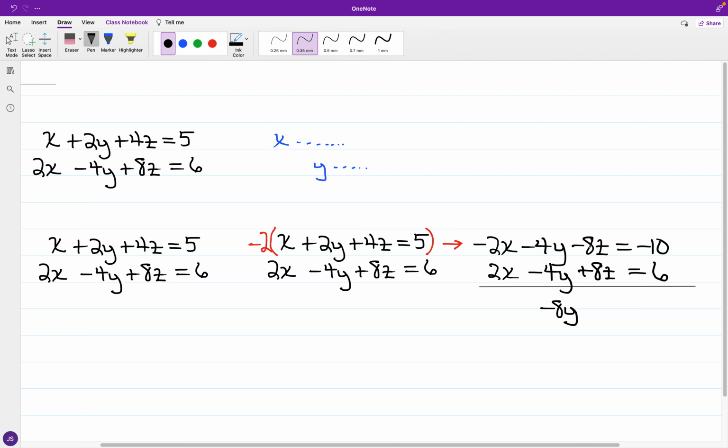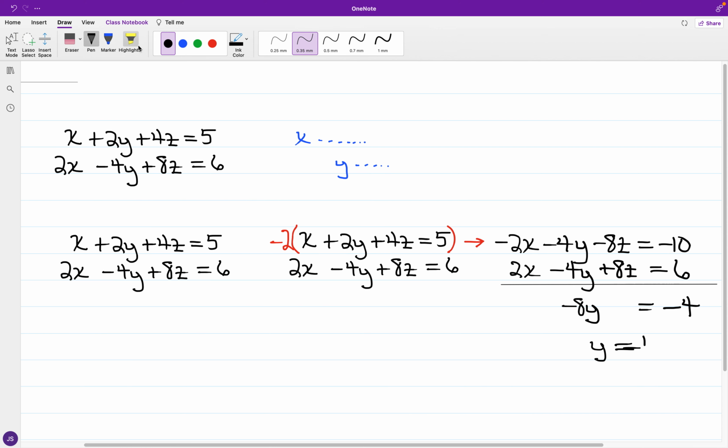Negative 8z plus 8z will cancel out. And for negative 10 plus 6, that is going to be negative 4. And negative 8y is equal to negative 4, so I'm going to have that y is equal to 1/2.